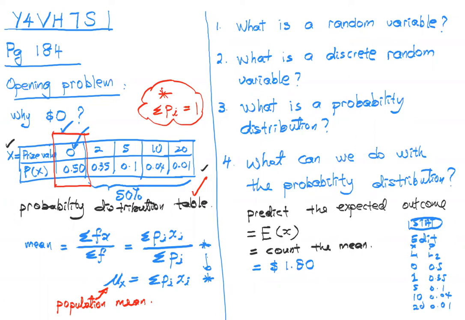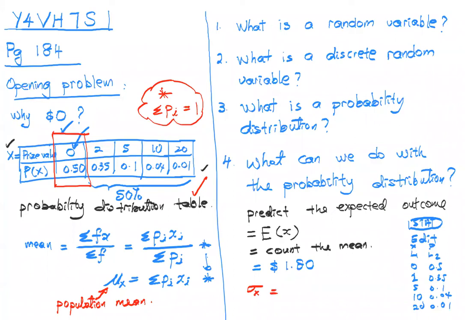If you look at your calculator, the spread also you get as a population standard deviation, correct? May I know what is the population standard deviation for this case?